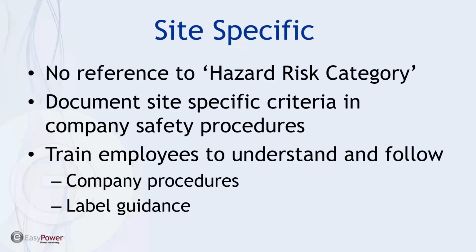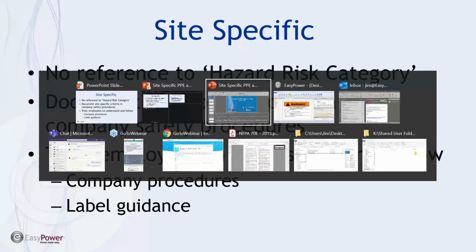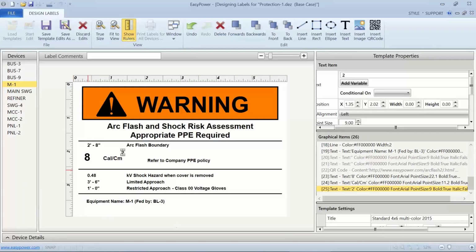So the intent is to show more capability in the label template editor. Again, once we've developed a specific template, we save that under a different name so that we haven't contaminated the original template, and we would label it with something that has a bearing on what that label content would be.